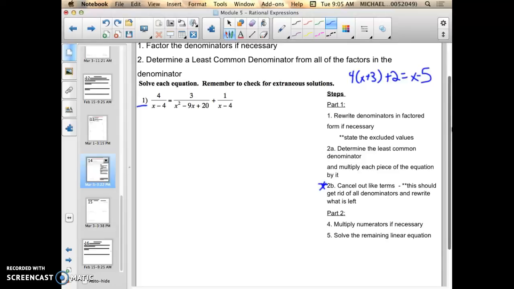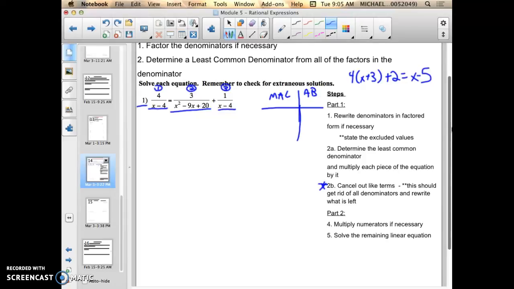And what I'm looking at is I see a rational expression here, here, and here. So there are 3 pieces in this equation. I can label these 1, 2, and 3. The bottom of the second piece needs to be factored. And it is a quadratic trinomial, so I know I can factor it with MAC/AB.